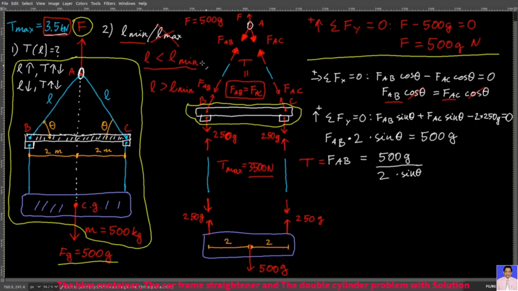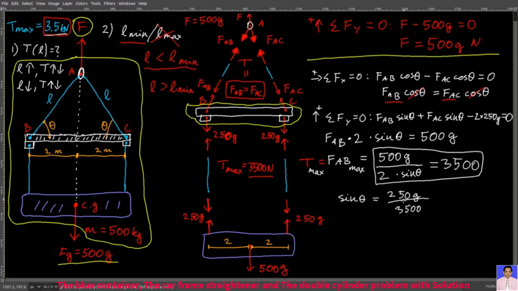And so in order to find this L min, we take this equation that we have here, and we say that it equals T max, or FAB max, meaning that this expression equals 3,500 newtons. That's our equation. If we rearrange it, then I will have this expression here.